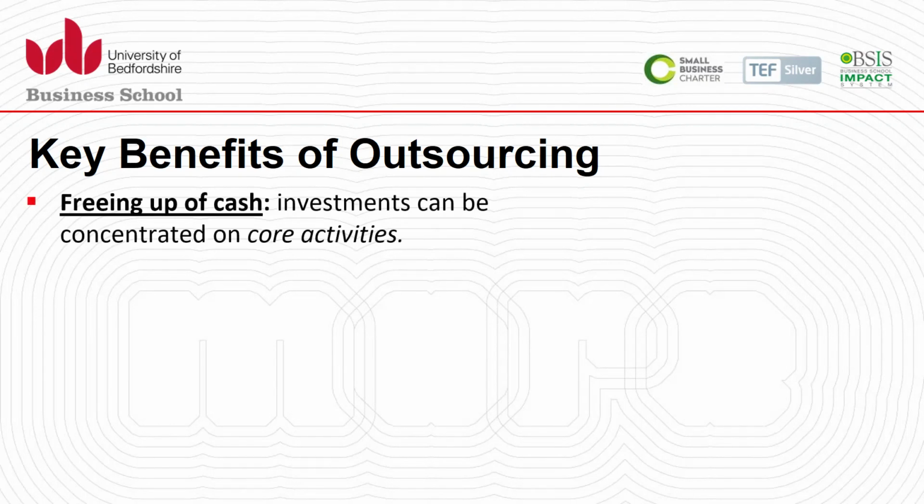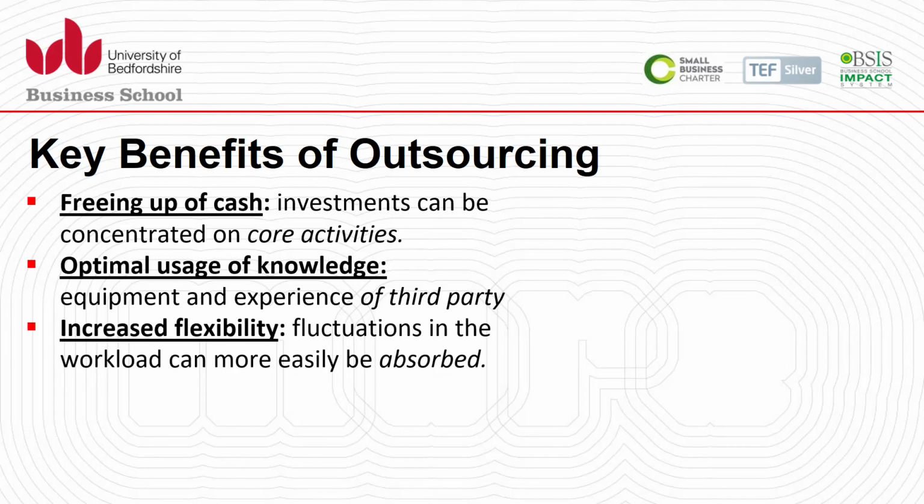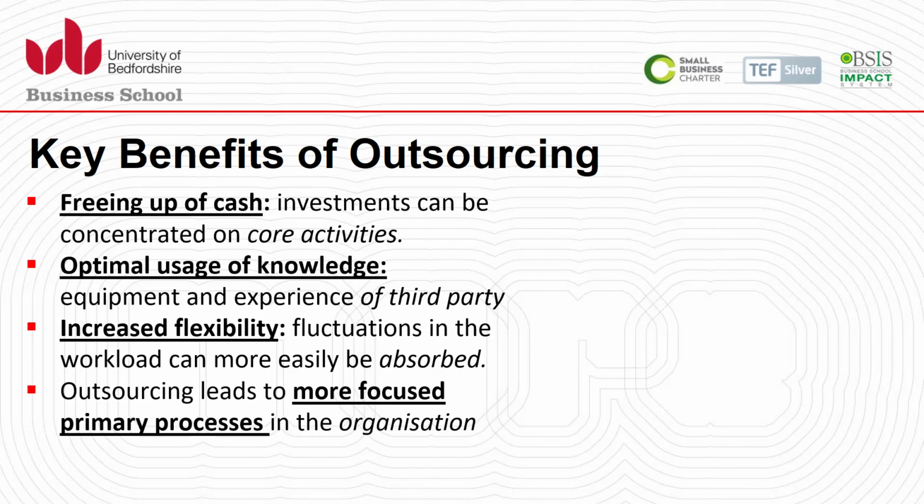The key benefits, for example, are freeing up of cash, investments that can be concentrated on core activities, and optimal usage of the knowledge, equipment and experience of the third party. There is increased flexibility, as we discussed earlier: fluctuations in the workload can more easily be absorbed when we have the option of outsourcing and that facility available.